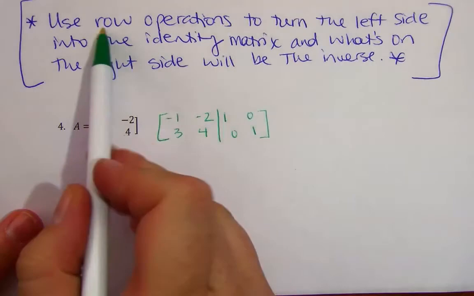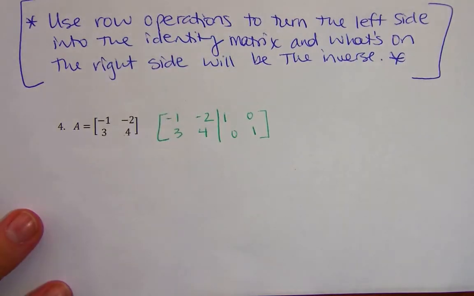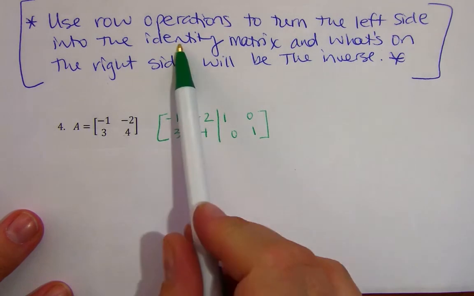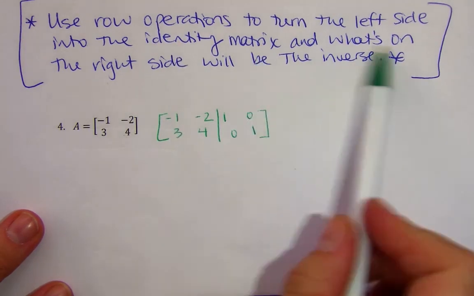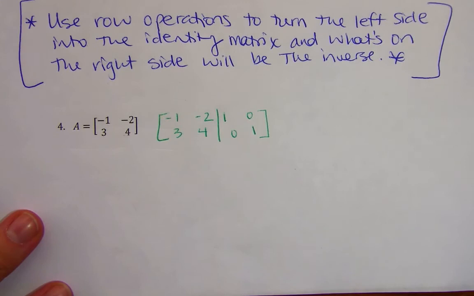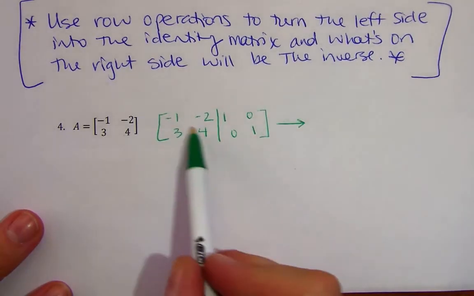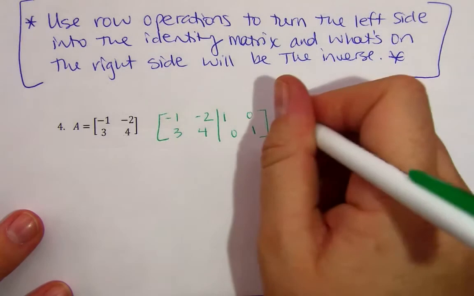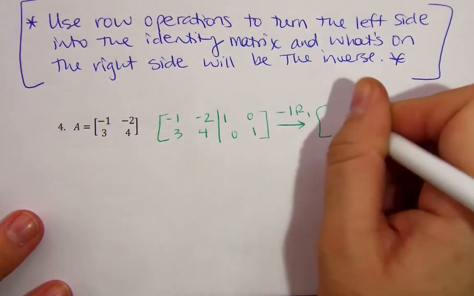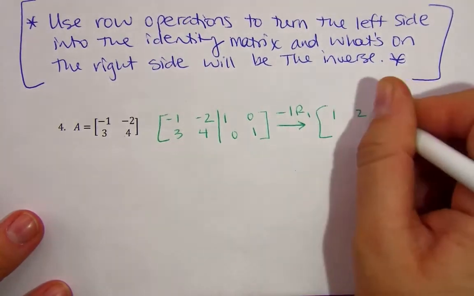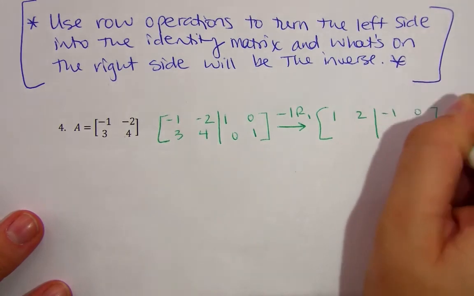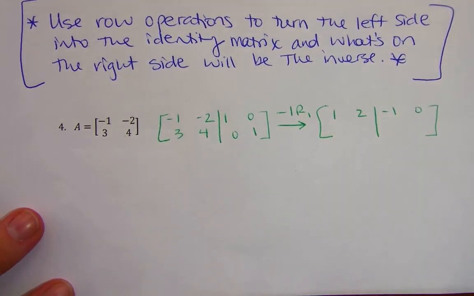So what I'm describing here is that we can use those row operations from sections 1 and 2 to turn this left side into the identity matrix, and then what's left on the right side will be the inverse. So first thing is I'm going to multiply row 1 by negative 1. And I didn't change row 2 at all.